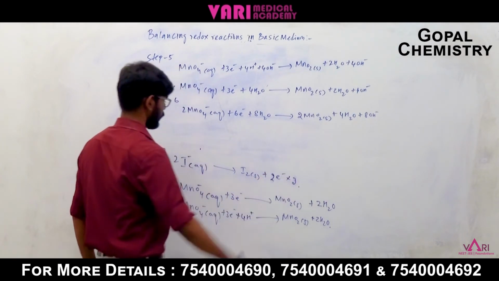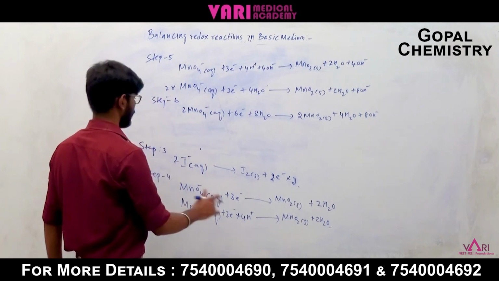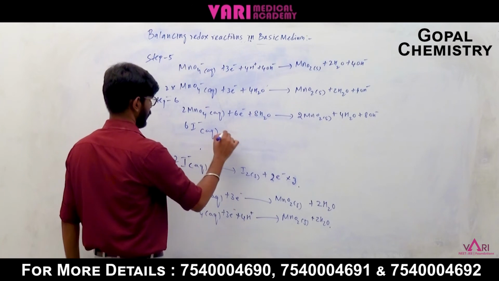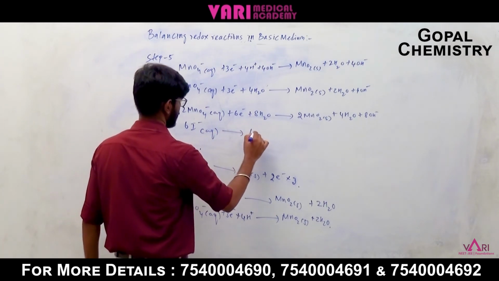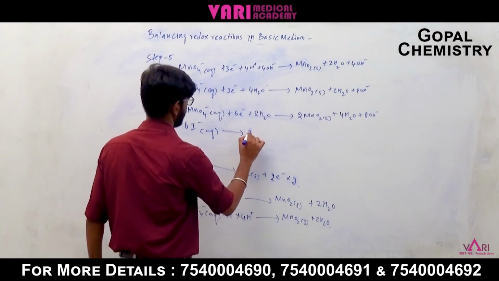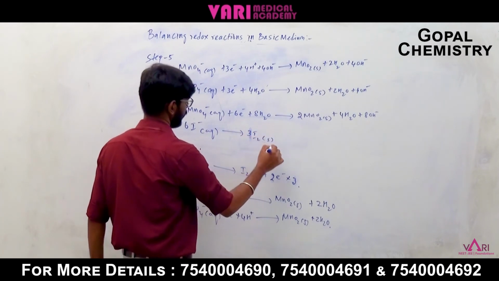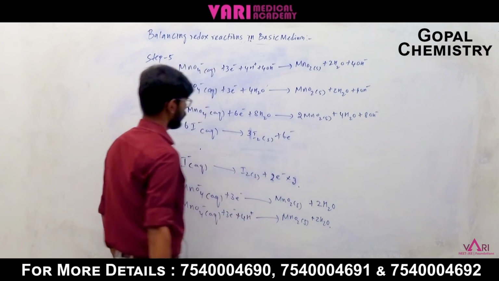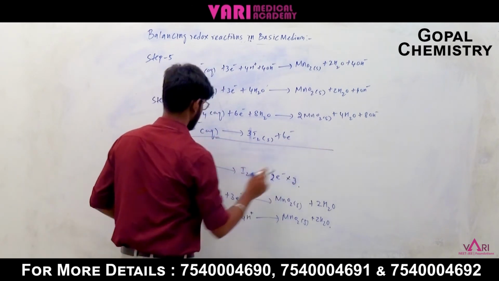So we have 6 I minus aqueous gives 3 I2 solid plus 6 electrons. So we can balance here, right?